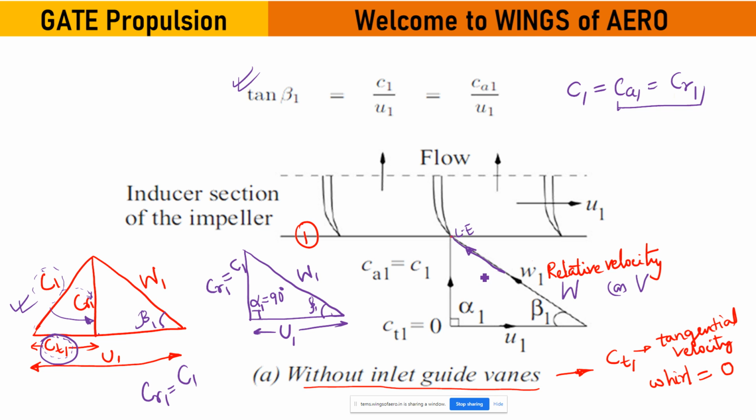Clear? So when it is entering the leading edge of the blade, the relative velocity is entering, and when it is leaving the impeller tip, it will be the absolute velocity. Did you get it? Yes, ma'am.